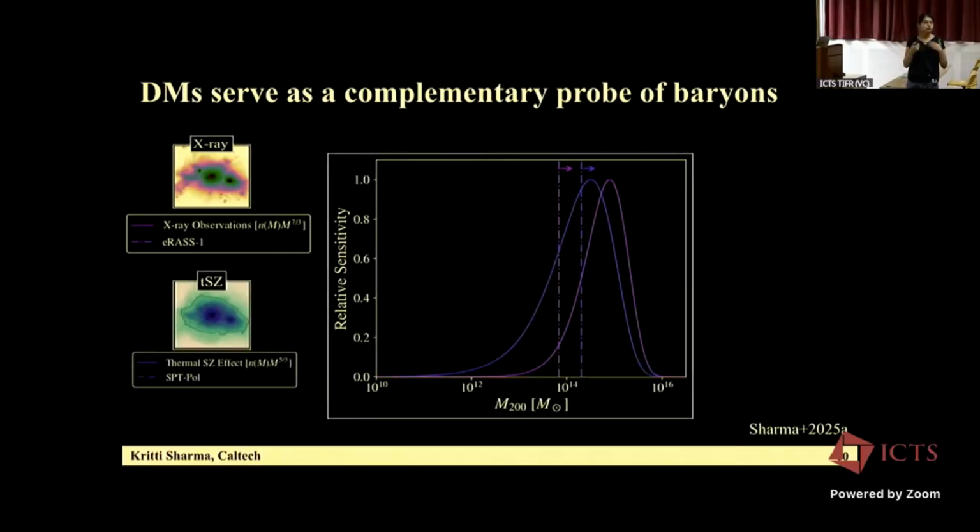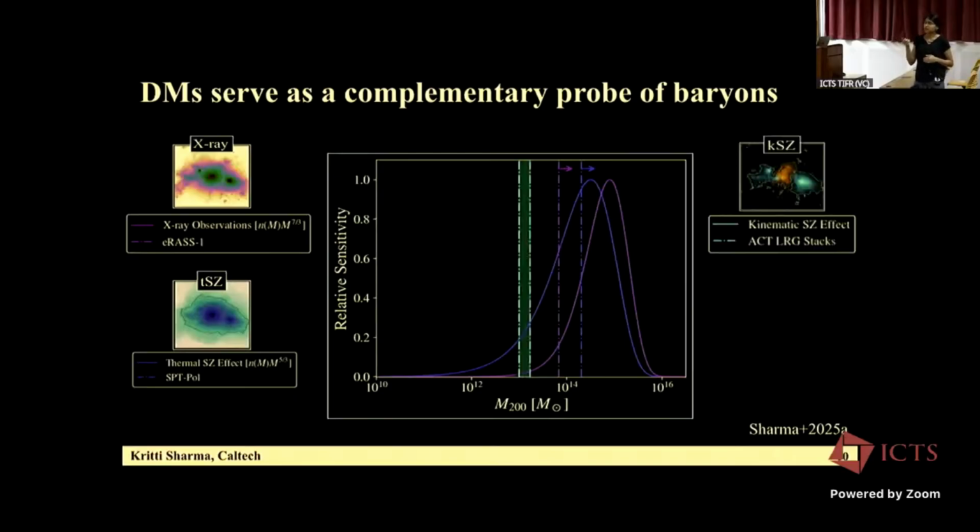Next, we have the thermal SZ effect, where the sensitivity goes as m to the power 5/3 and is sensitive to relatively lower mass halos. Next, we have the kSZ effect, where it's difficult to evaluate the sensitivity directly in terms of halo masses because it's proportional to the peculiar velocity distribution of this field as well. But based on existing observations from ACT LRG stacks, it seems to peak somewhere around 10^13 solar mass halos.